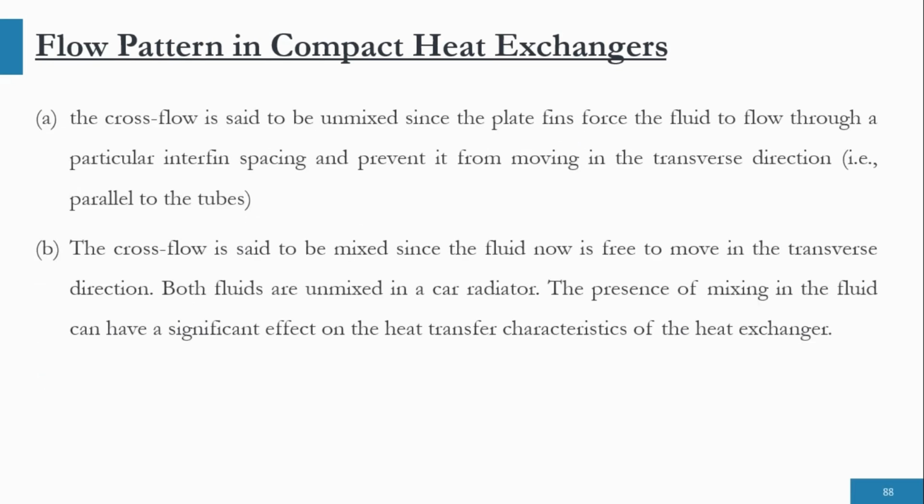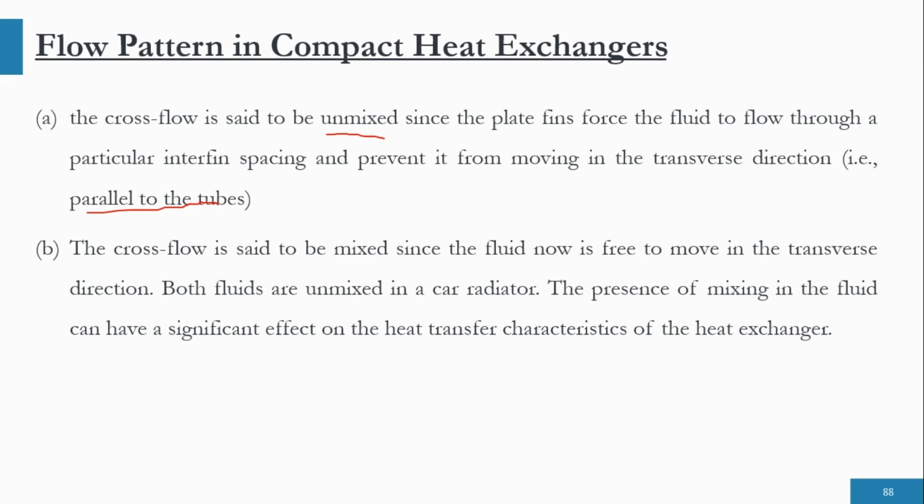Now the cross flow is said to be unmixed since the plate fins force the fluid to flow through a particular interfin spacing and prevent it from moving in the transverse direction, which is parallel to the tubes. So this is the first definition of unmixed flow, that the fluid flows through a particular space and there is no movement parallel to the tubes.